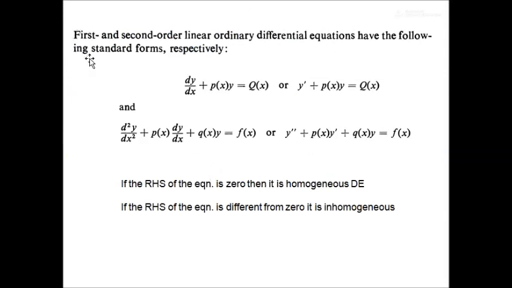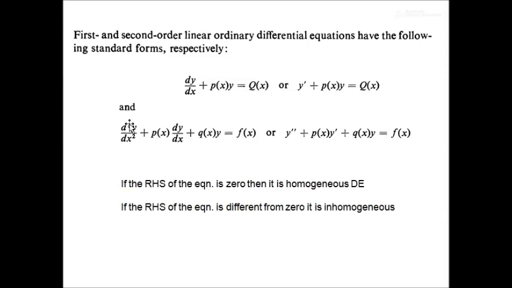Now, the first order and second order linear differential equations have the following forms. This form is the first order differential equation and these are the second order differential equations.